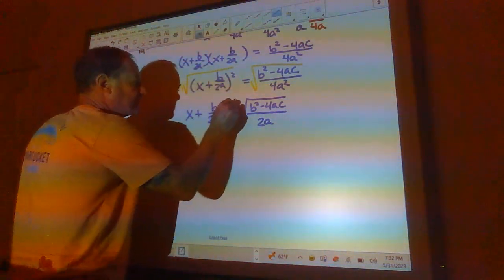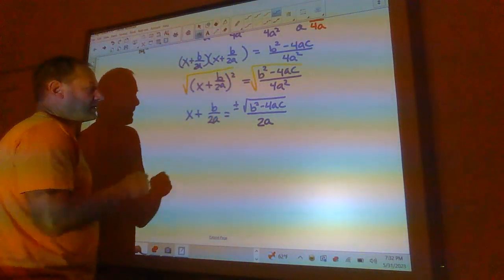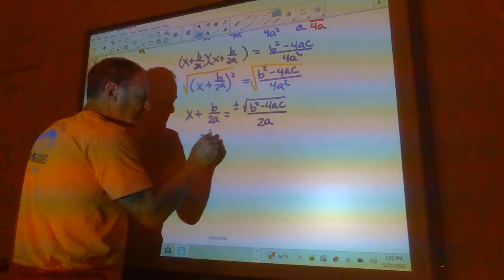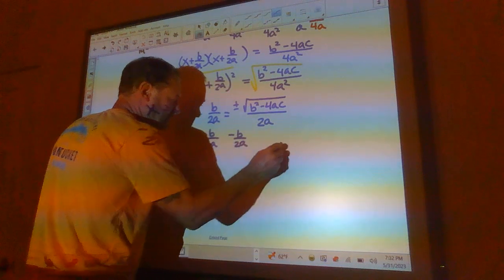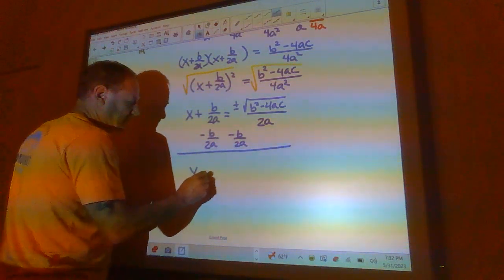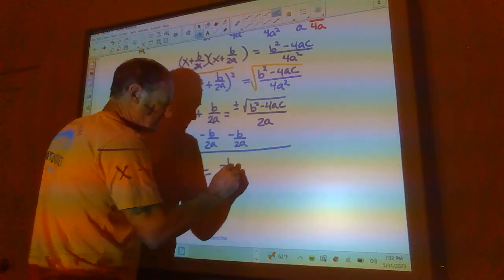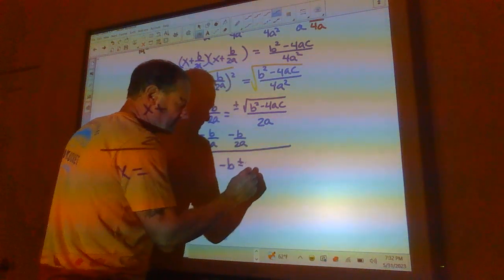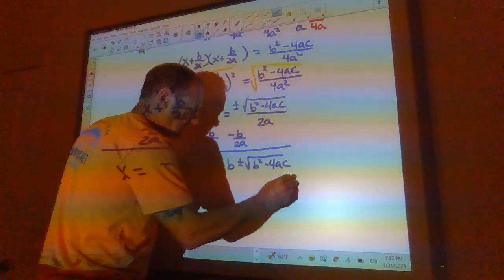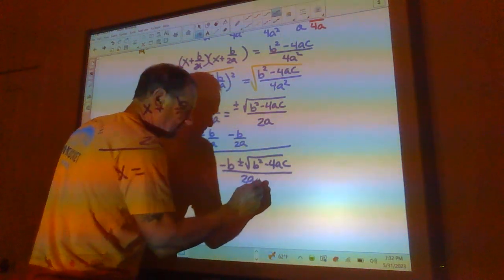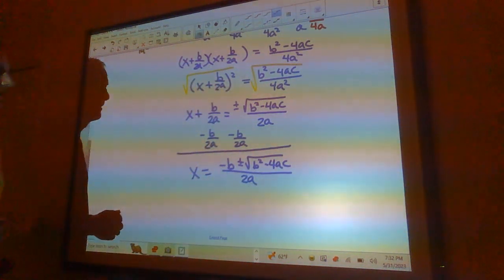And it's plus or minus. Okay, now I'm going to subtract this from both sides. And I get x equals negative b plus or minus the square root of b squared minus 4ac all over 2a. There's my quadratic formula.